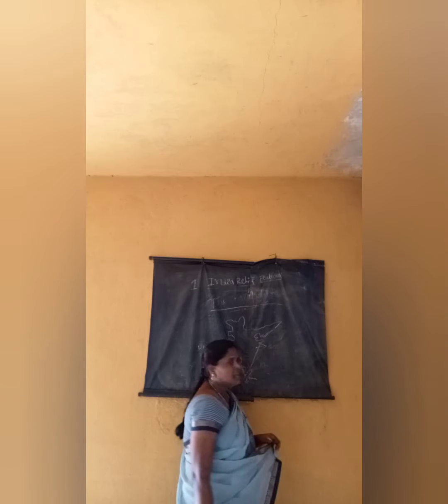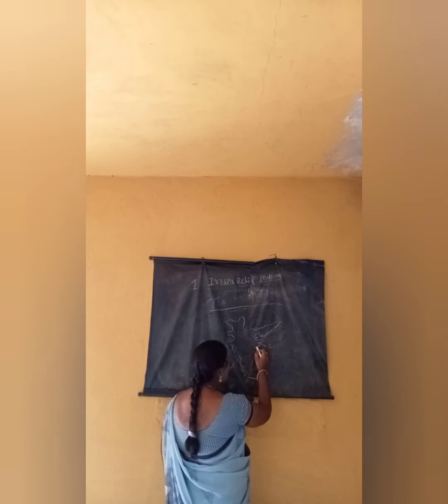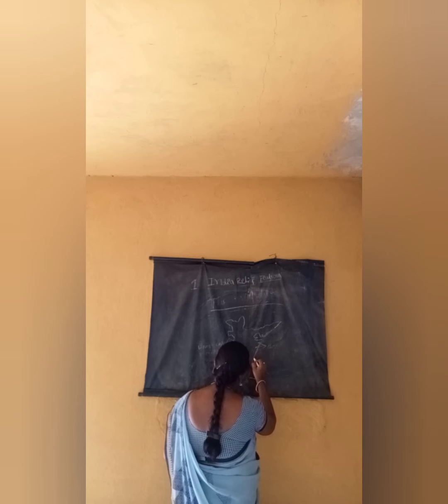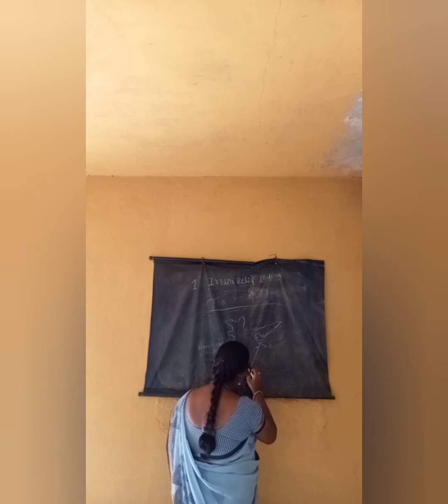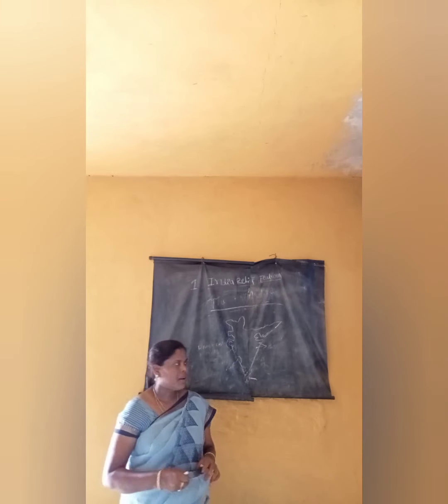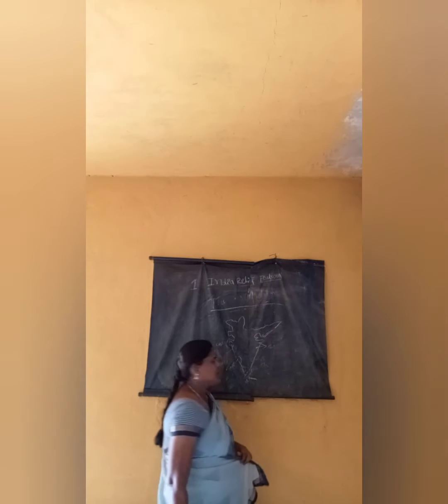This is the eastern coast: Utkal coast in Odisha, Sarkar coast in Andhra Pradesh, Coromandel coast in Tamil Nadu. These are the local coastal names.